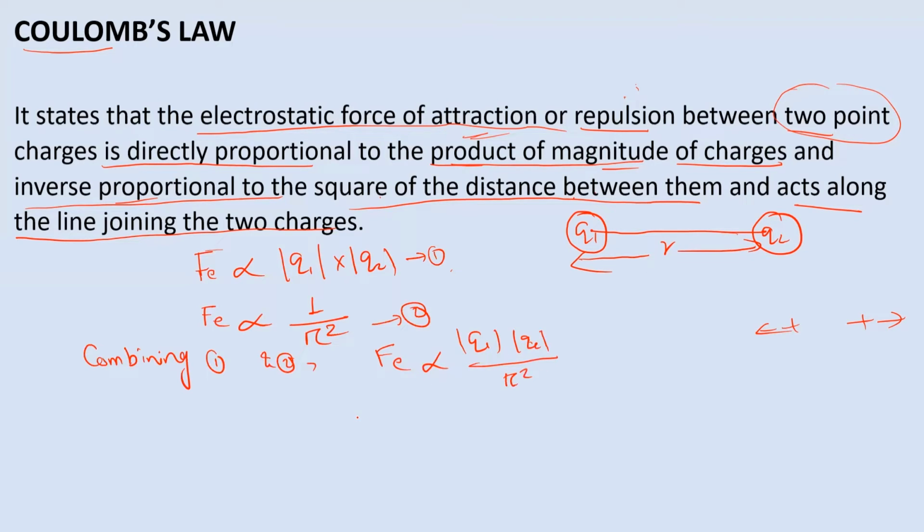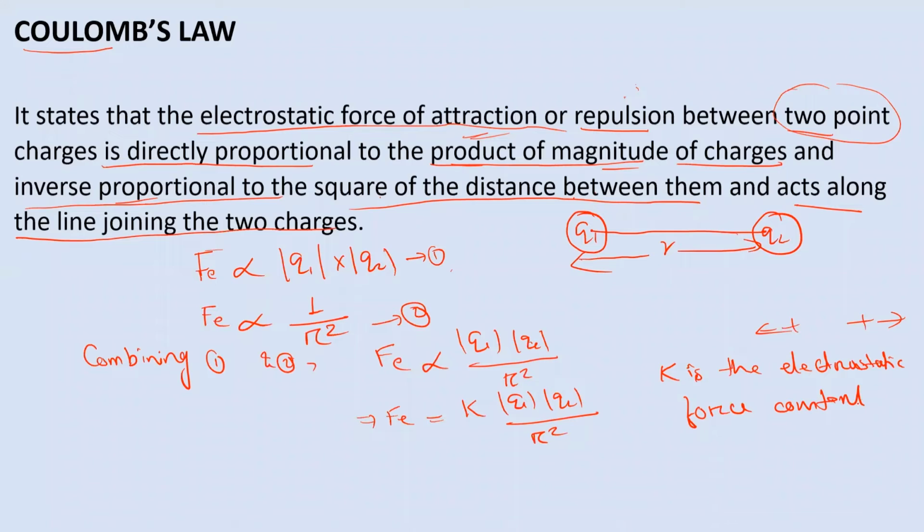When you remove the proportional symbol, Fe is equal to K Q1 Q2 by R square, where K is the electrostatic force constant.